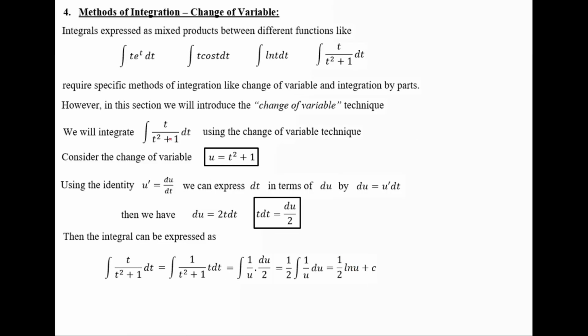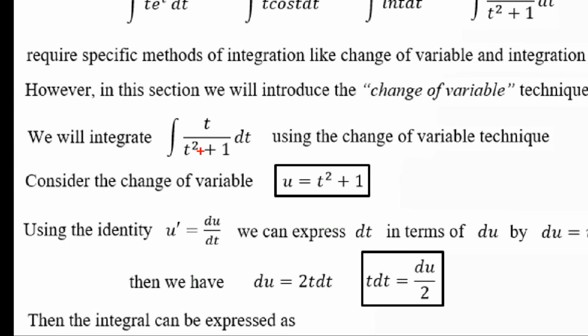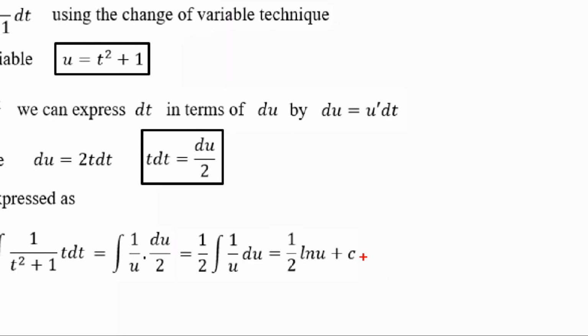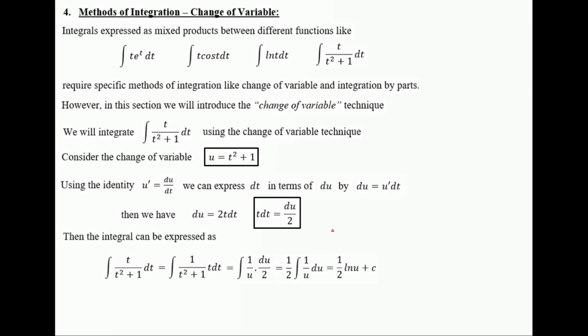Because we started with an integral parameterized by t, our final answer should be parameterized by t. We know that u is given by t squared plus 1, and that would be half ln of t squared plus 1, plus c. So let me write here the different steps that we use in the change of variable technique. Step 1 is to do the change of variable, defining what is meant by u.